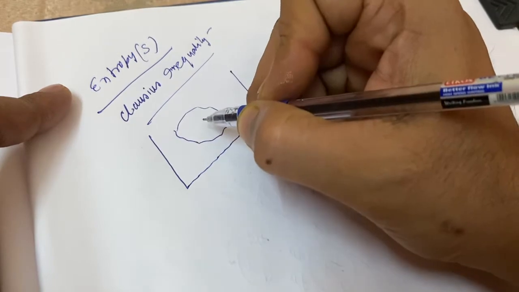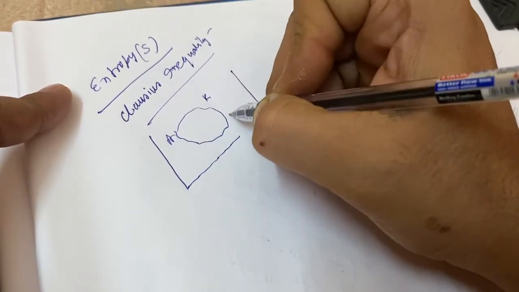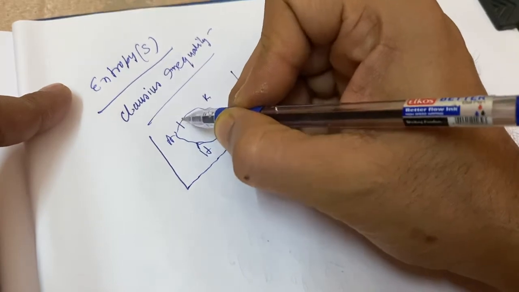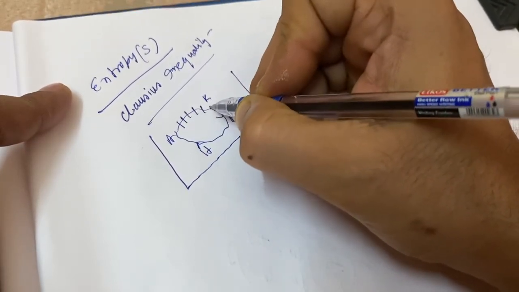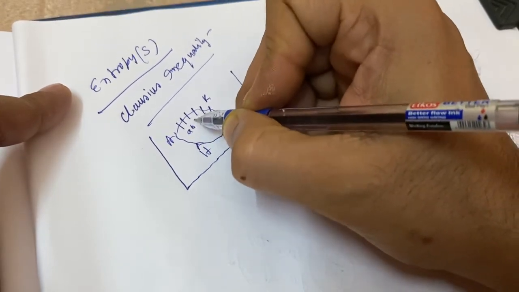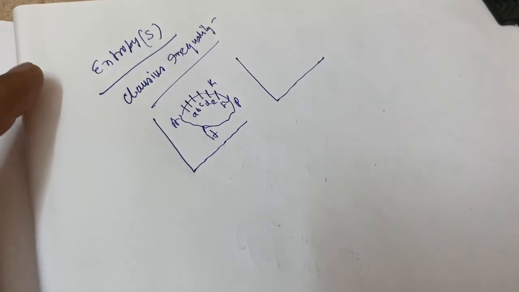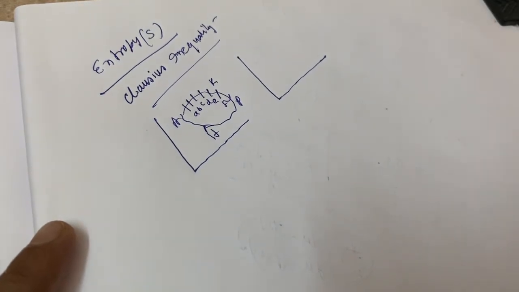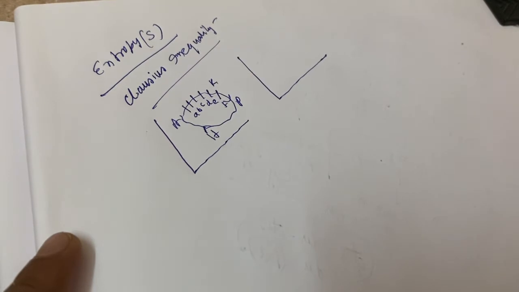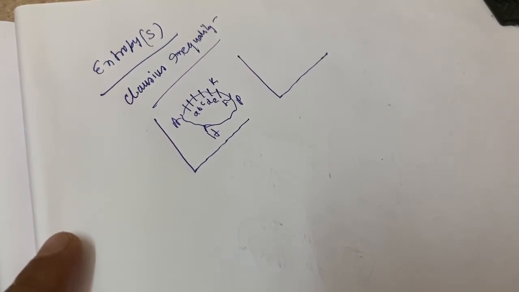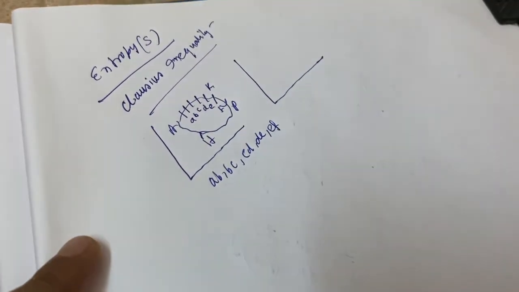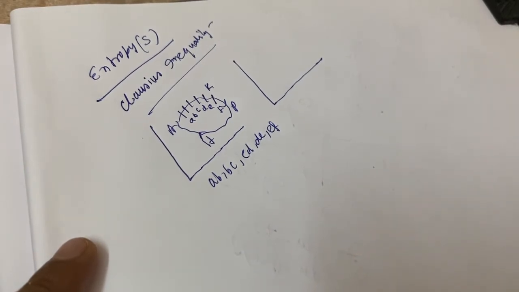Suppose this is a cyclic process A, K, B, H. We are dividing this cyclic process into small quasi-static processes A, B, C, D, E, F. So AKBHA is a cyclic process which passes through a set of states represented by small steps AB, BC, CD, DE, EA.